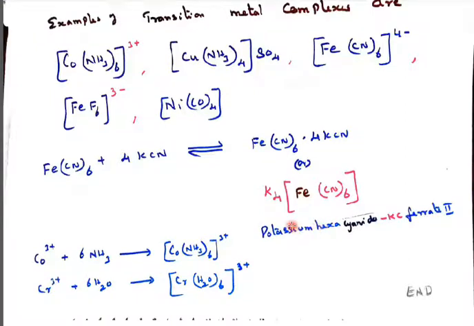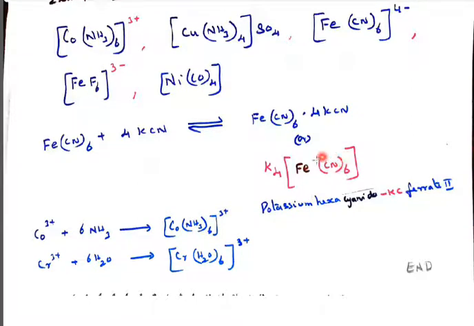So first the name potassium, then the number hexa, cyanido-C, ferrate(II). It is an anionic complex, so it is ferrate(II).